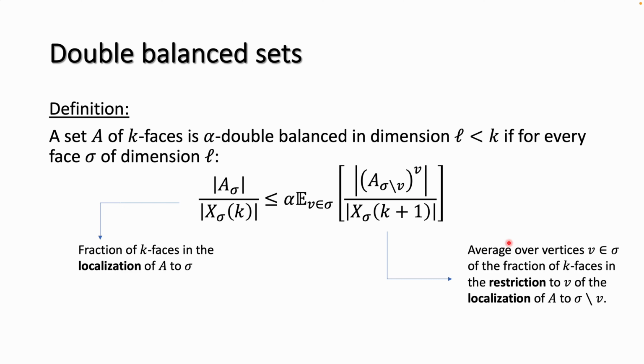So it's basically the average over vertices v in sigma of the fraction of k faces in the restriction to v of the localization of A to sigma minus v. It's a bit complicated to get it like that, so let's see an example.